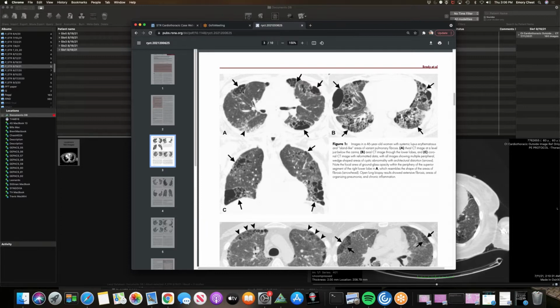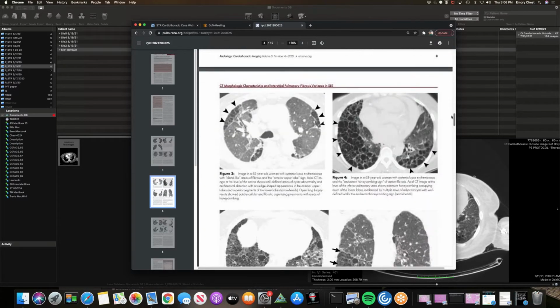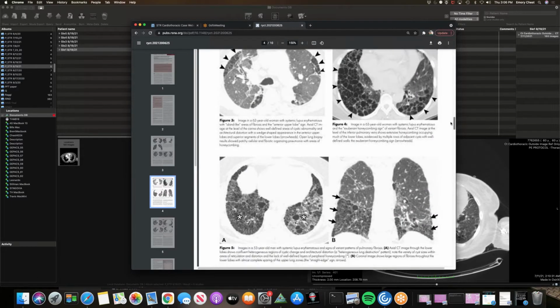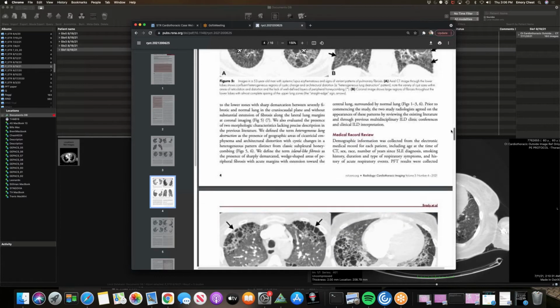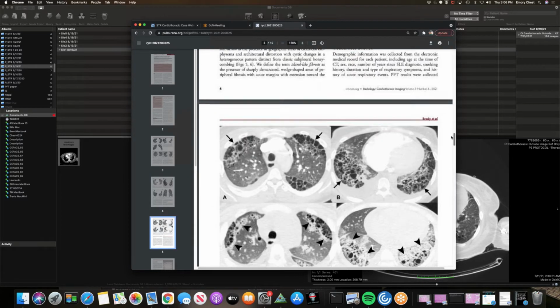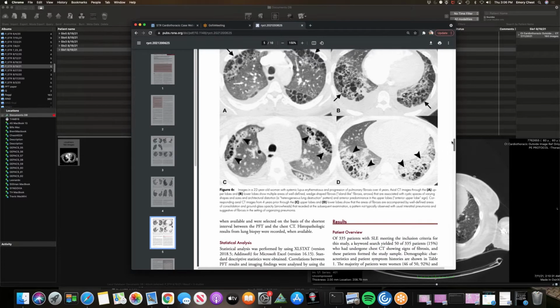On imaging you're seeing this pattern that kind of looks like honeycombing, but it's very well demarcated and almost looks like cysts in the way that the rest of the lung is really spared adjacent to it, without significant traction. They didn't have much histopathologic evidence here, just because these patients typically don't get biopsied.